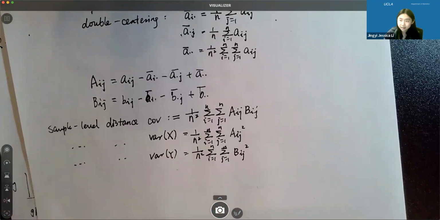Okay. Finally, you use the correlation definition to put them together.